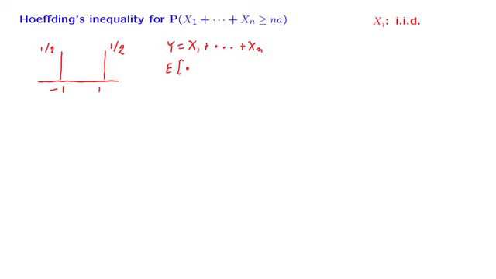Well, the expected value of each one of the xi's is equal to 0, because the distribution is symmetric, and also the distance of xi from the mean has always magnitude 1, and for this reason the variance of the xi's is equal to 1. For this reason, the random variable y has a mean of 0 and a variance equal to n.